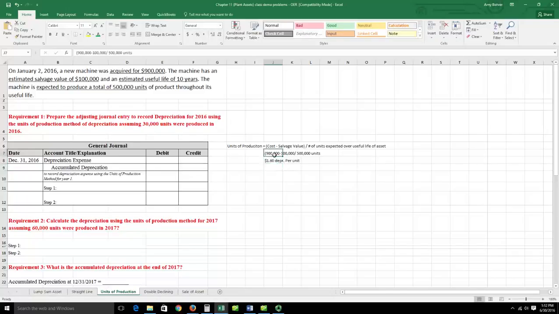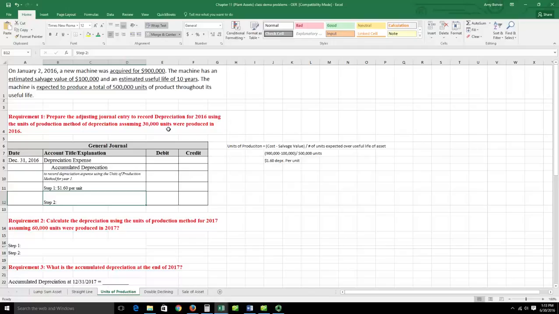With the units of production method, you're going to have 2 steps. Notice here I've got step 1, step 2. Step 1 is using this formula to calculate your depreciation per unit. Then step 2 is taking that $1.60 per unit and multiplying it times how many units you actually produced that year.